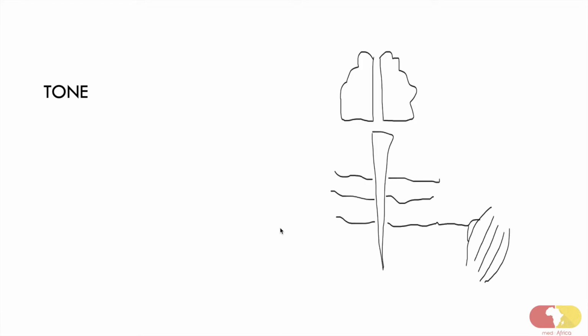We start by looking at tone, and we will start with our illustration, which has been present throughout this session. So tone is moderated by the nervous system, both the central nervous system and the peripheral nervous system.